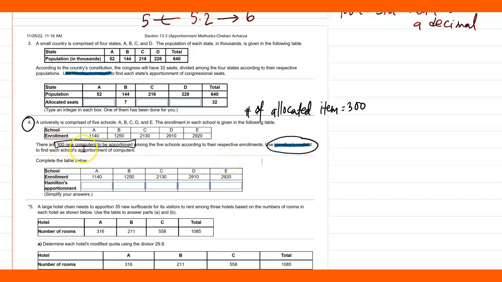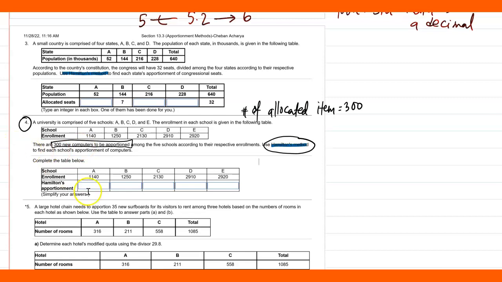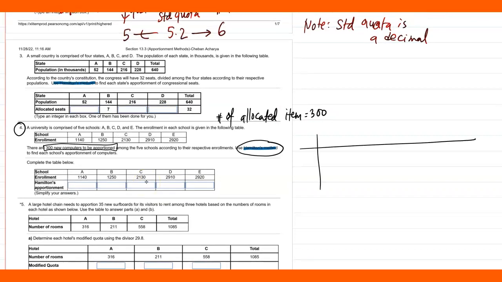I want to make a new table, because in this table the final answer goes in the box, but I'm going to draw the same table here and you guys see how I'm going to do the problem. In the box I put only the final answer. Before that, I have to redraw the table.